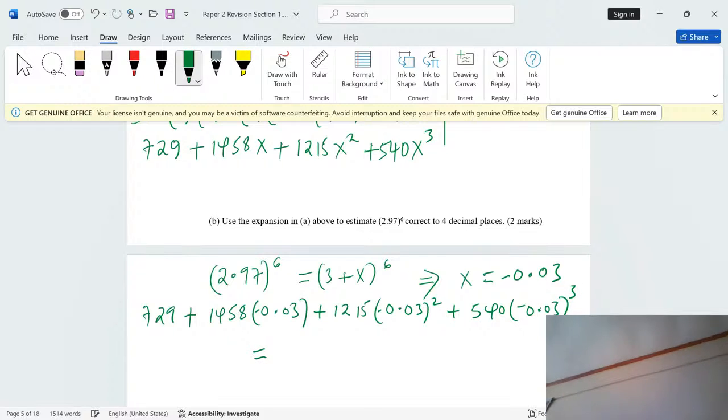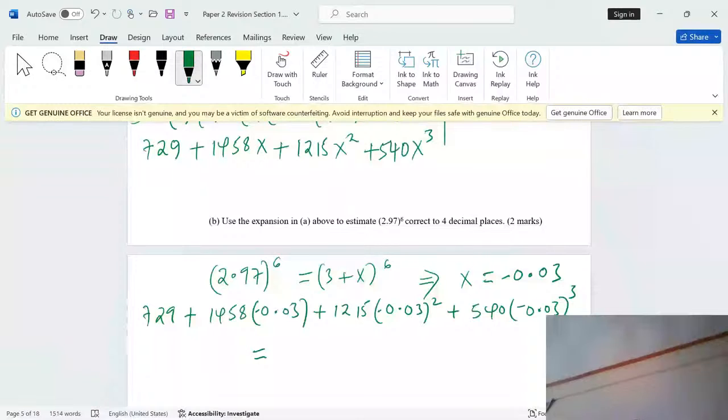Then you're supposed to key in the expansion the way it is into your calculator: 729 plus 1458 into negative 0.03, then we add 1215 into negative 0.03 squared, plus 540 into negative 0.03 raised to power 3.